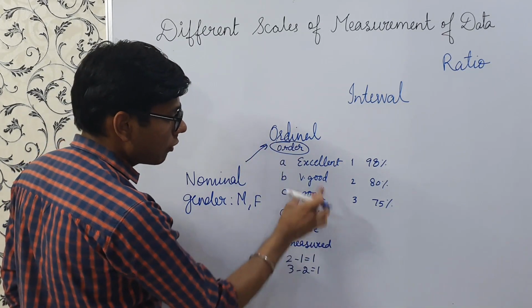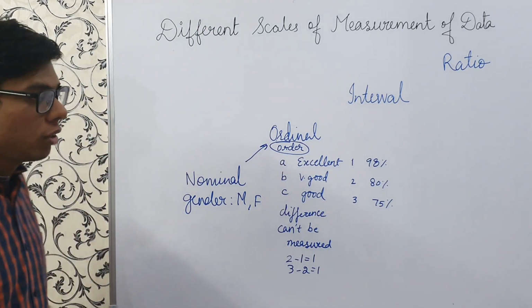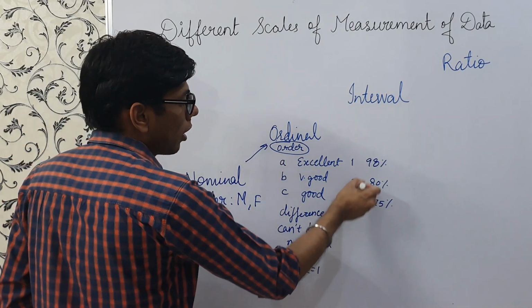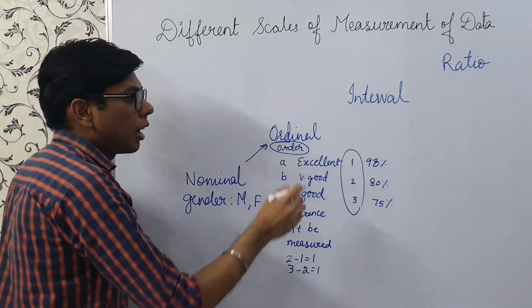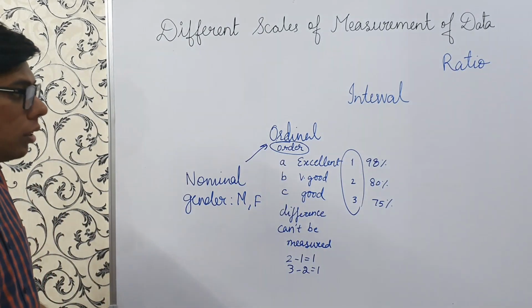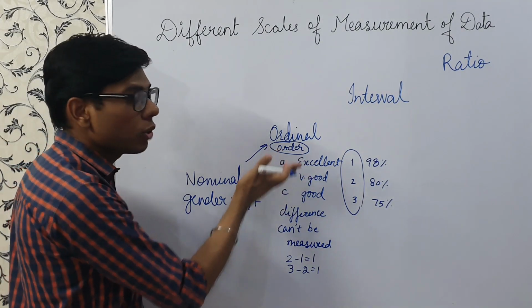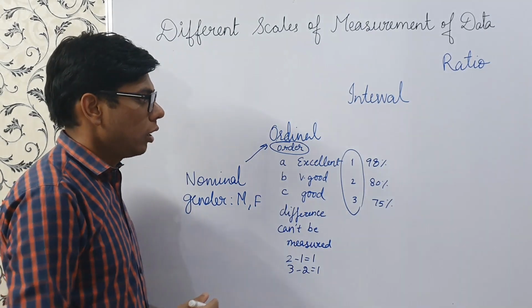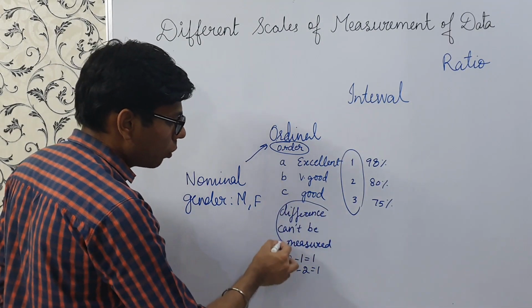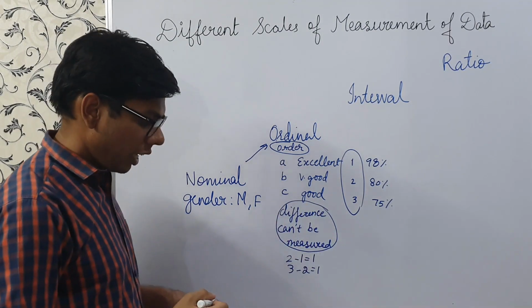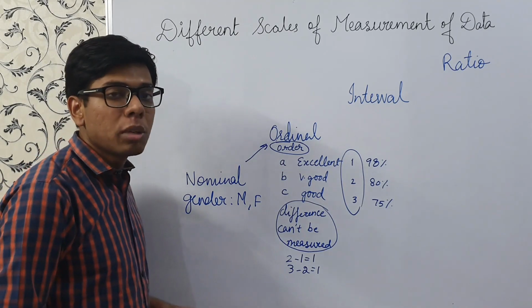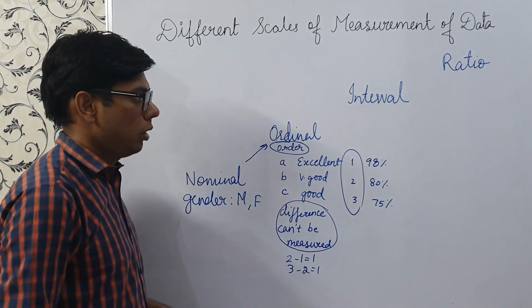Hence, this difference between the categories cannot be measured. Though we have assigned a categorical ranking between these, it doesn't mean that the difference between the categories is equivalent. This is the point that we have to take care of, that the differences cannot be measured in the ordinal variable.